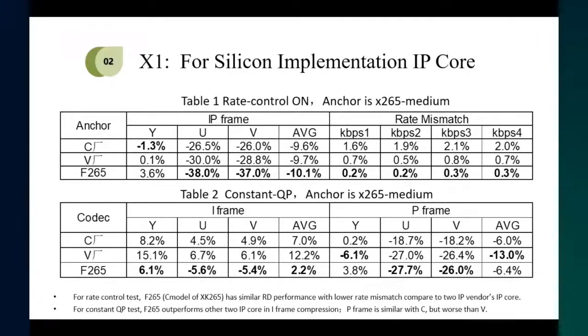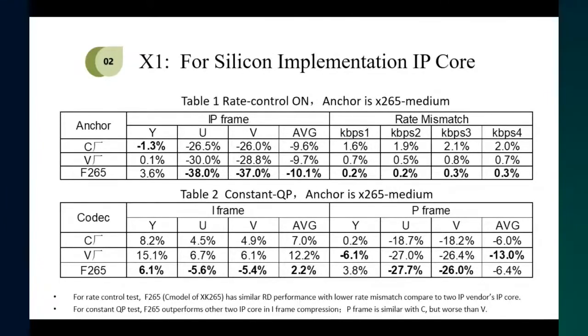And Table 2 shows the constant QP test. The anchor is also x265 medium. Here our model outperforms the other two IP cores in I-frame compression. So you can see compared to Chips&Media, we achieved 5% better, and 10% better than VeriSilicon.